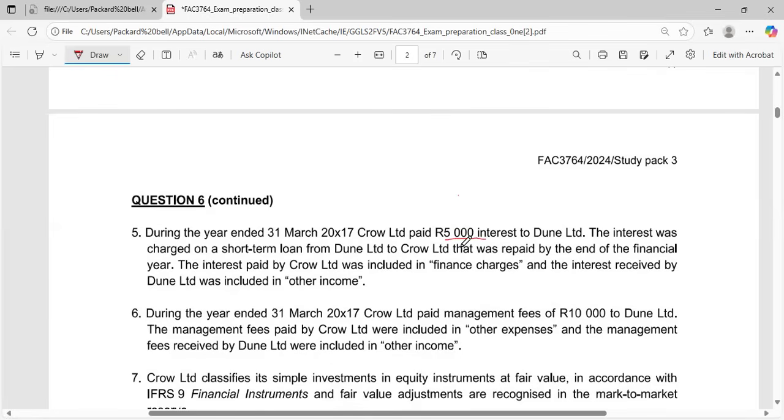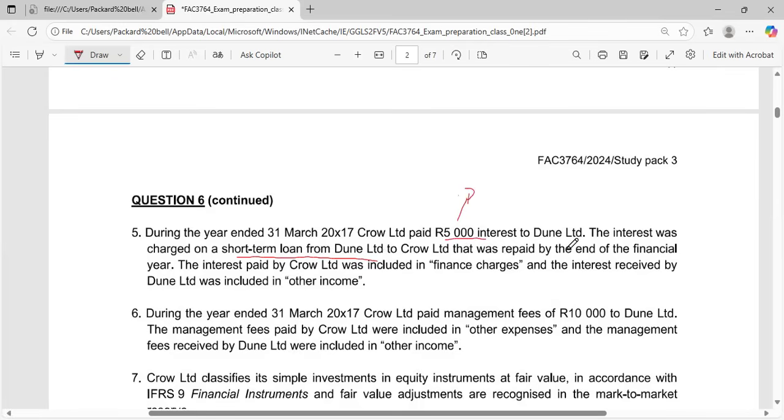So this one is an intra-group transaction. It's a loan between the group. So any interest that was received is an intra-group transaction. Remember, according to the acquisition method, we eliminate intra-group transactions. So which means this one is going to be eliminated.